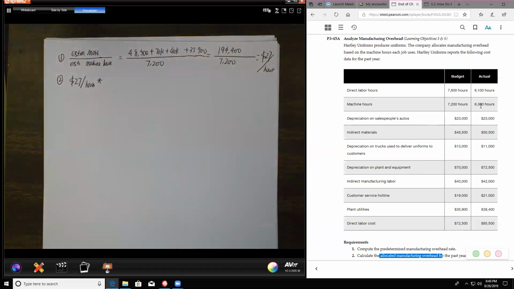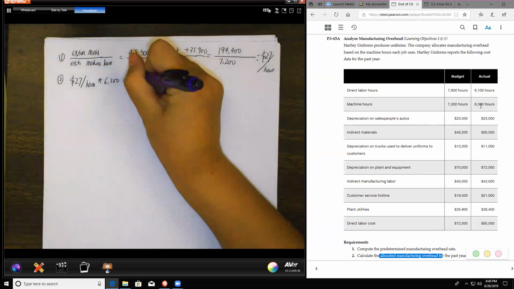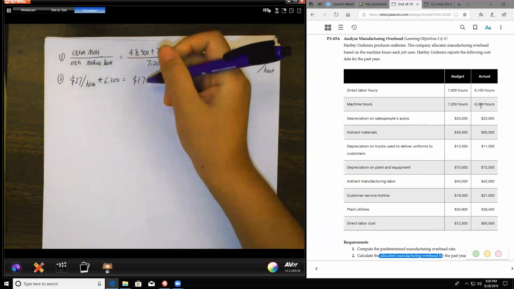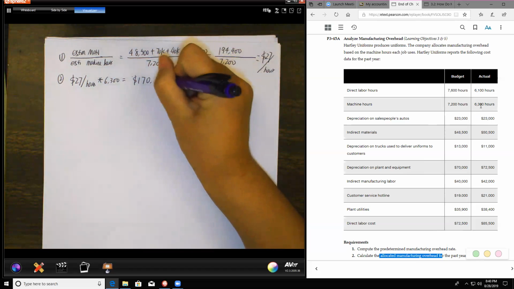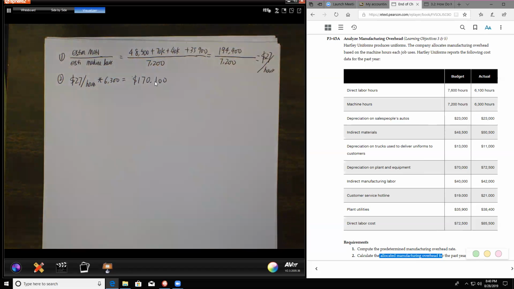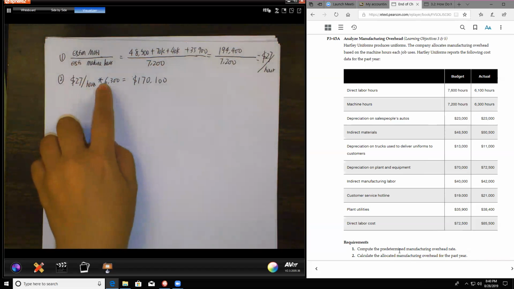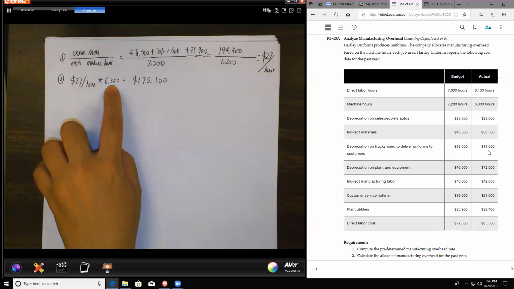The actual machine hour is 6,300 machine hours. If you do that, that gives you $170,100. So we need to allocate this much to the job. For the rate, it's always our estimated. When you allocate, you always use the actual.